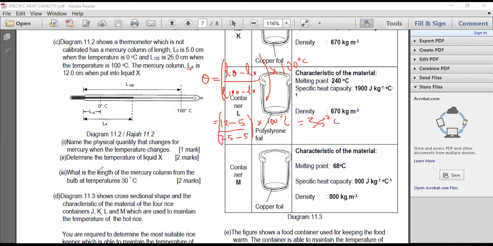Next, what is the length of mercury column from the bulb at the temperature 30? So this one you want to find your L theta. Use the same formula.